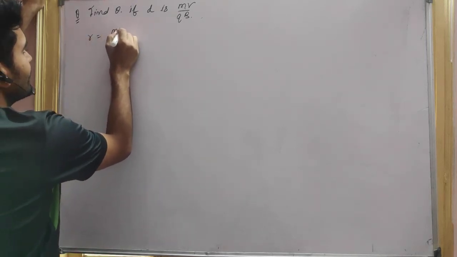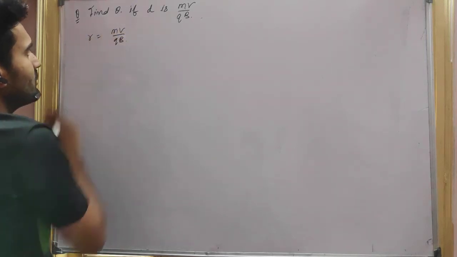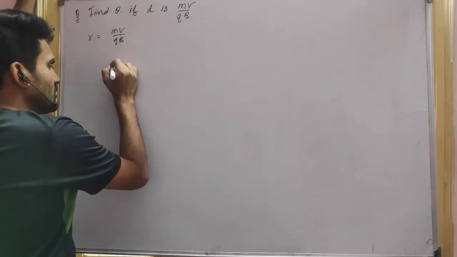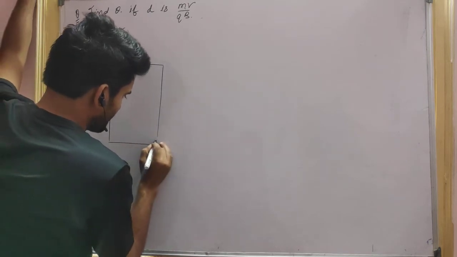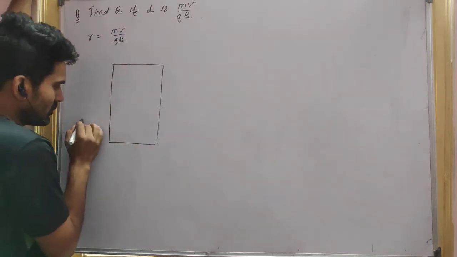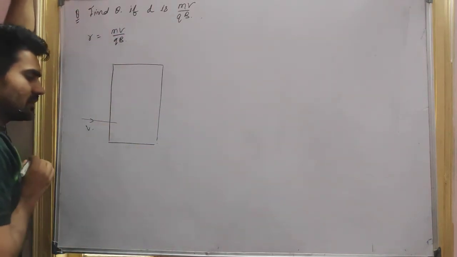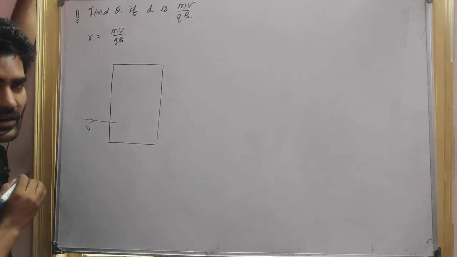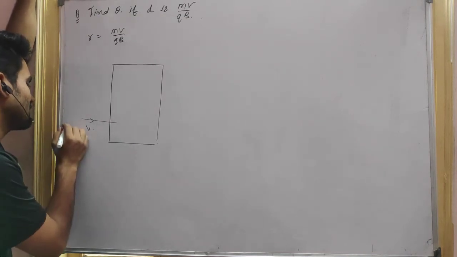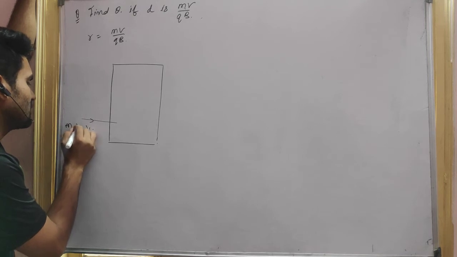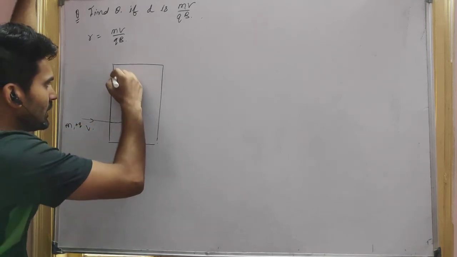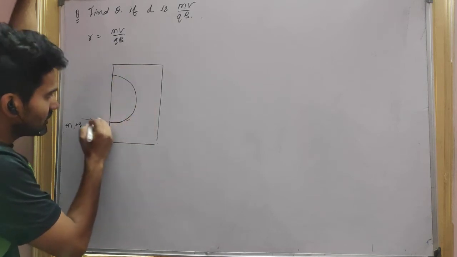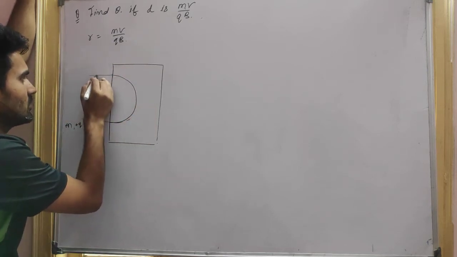R is equal to mv by qb. Let's suppose we have a field, and a charged particle with some velocity, having mass m and charge plus q. It will try to make the circle like this and it will come out.